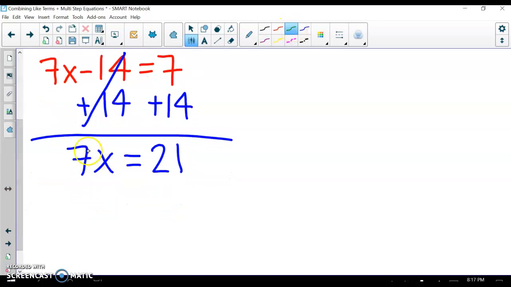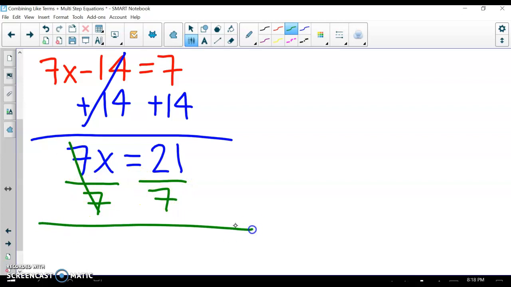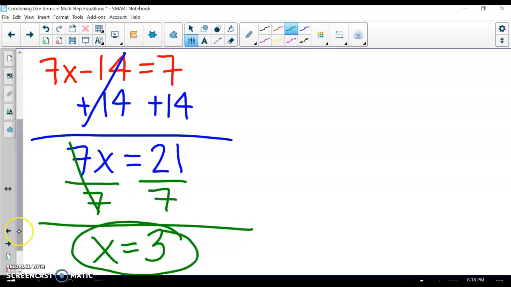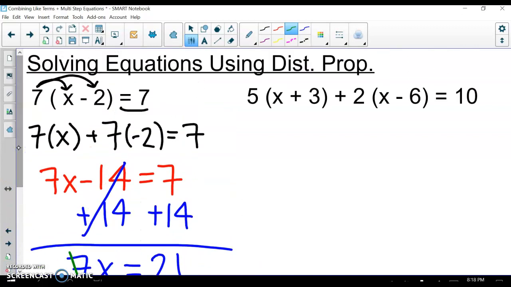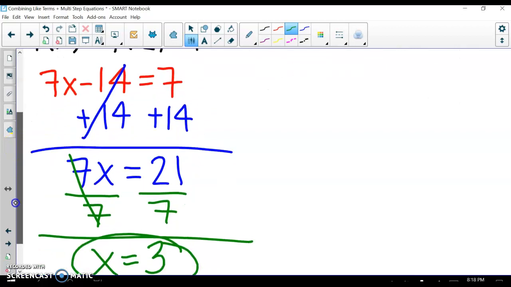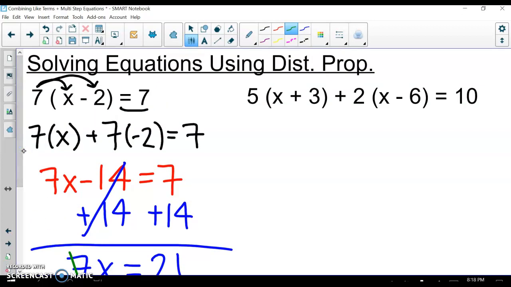And then the opposite of multiplication, because we have a number right next to a variable, which implies multiplication, we divide by 7, divide by 7. This leaves us with x. 21 divided by 7 is 3. So again, that's just taking something that is complicated and messy and simplifying it down into something we know how to do because we've been doing it for the past few lessons, which is 1 and 2 step equations.